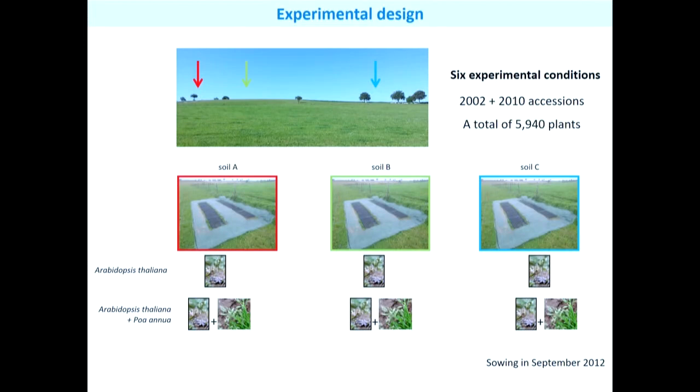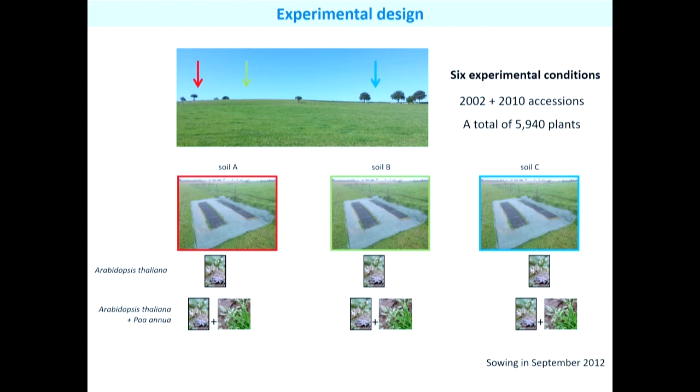And we didn't want to plant the seeds in a common garden, like in greenhouse conditions or in the field yard. Because of all this ecological variation that we observe within this population, we wanted to plant the seeds directly in the native habitat.